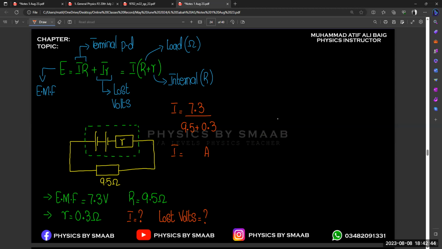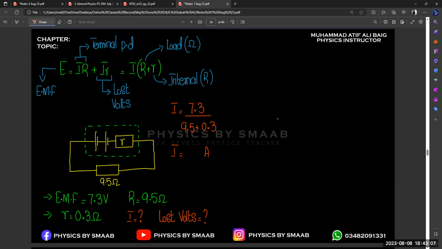To find the lost volts, we have the formula: lost volts equals EMF minus the terminal PD. So we do 7.3 and subtract I multiplied by R, which is 0.75 multiplied by 9.5.